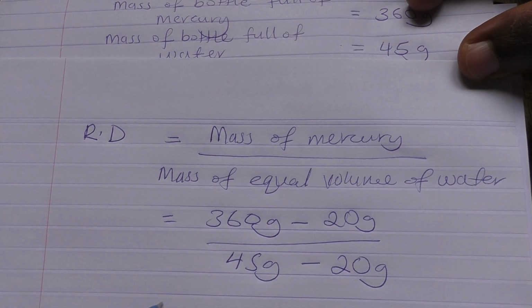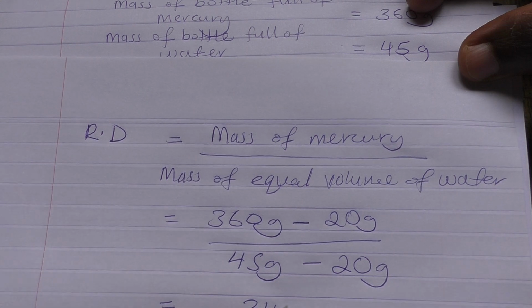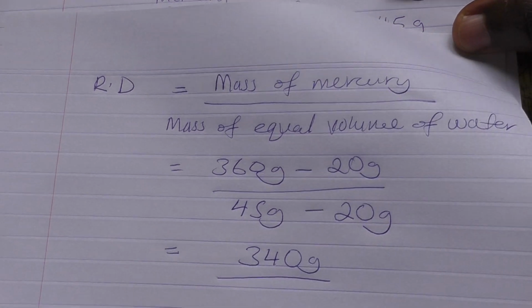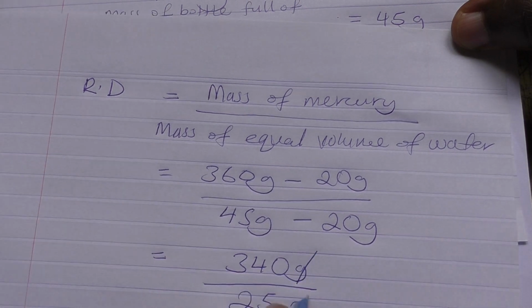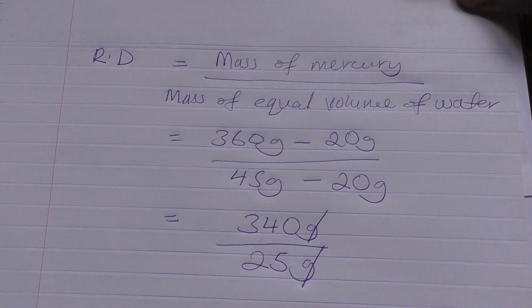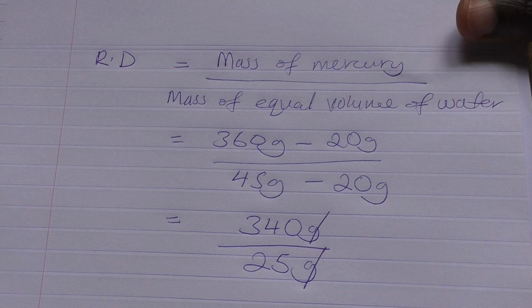And therefore, this gives us 340 grams over 25 grams. The grams will cancel out, and whatever we shall get will be the relative density of mercury. And then, that is question 1.